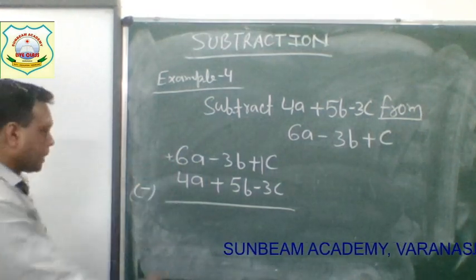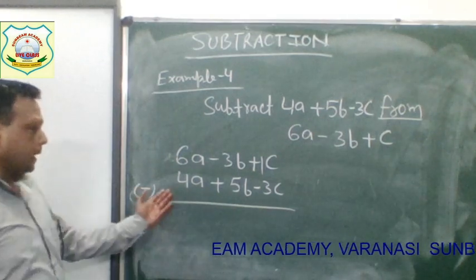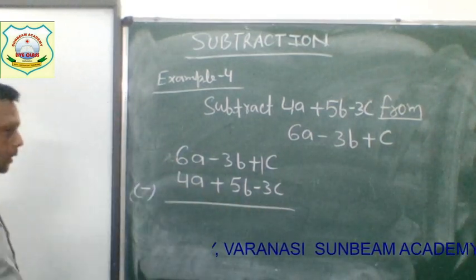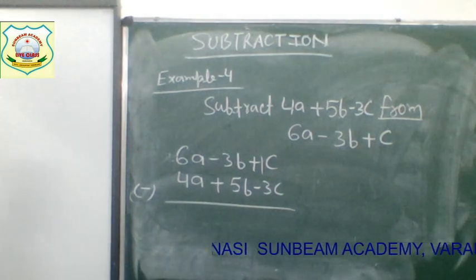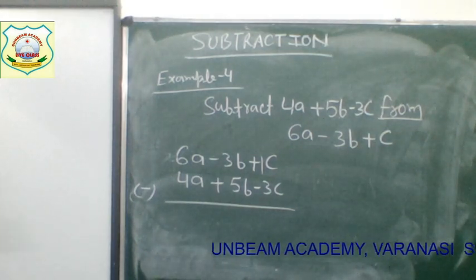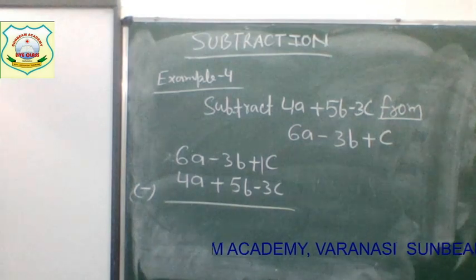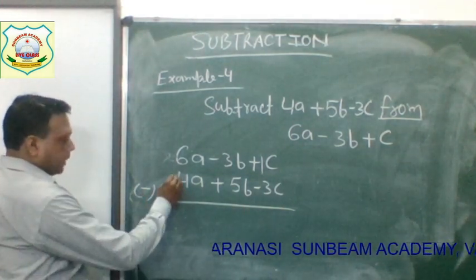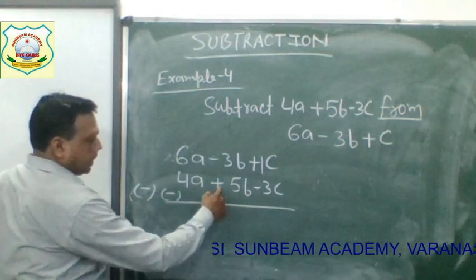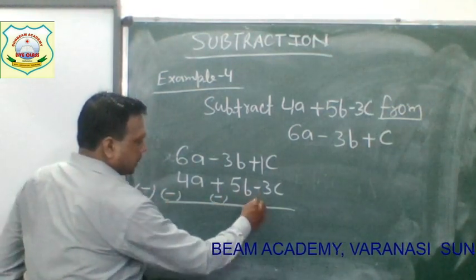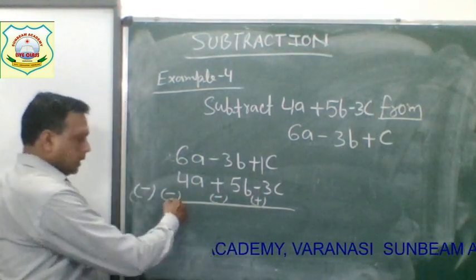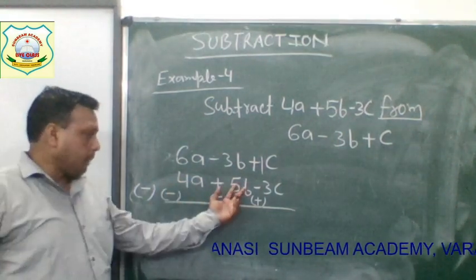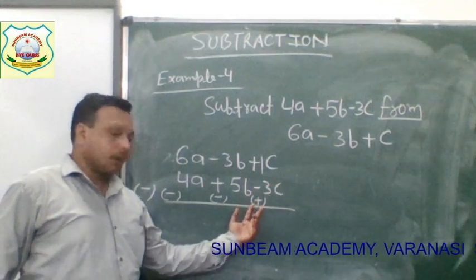Then in the case of subtraction, we will change the sign of the last expression. So 4a is in a positive sign, 5b positive sign, and 3c negative sign. This sign will be changed. So it is plus, so it will become minus; plus, then minus; minus, then plus. Now 4a has minus, 5b has minus, and 3c has plus.